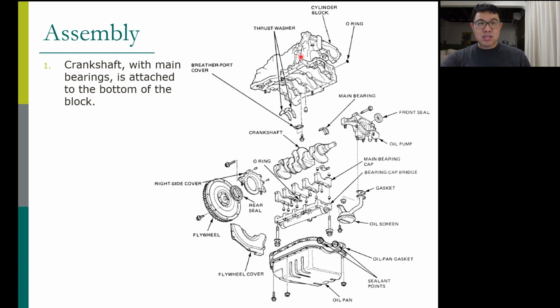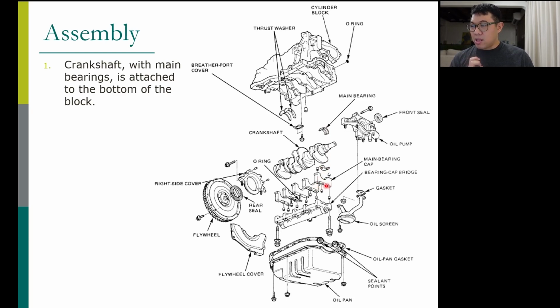In fact, normally when they assemble this engine, they flip the engine upside down so that they can put the crankshaft in from the top. It's a lot easier to assemble the engine. The bearing has two pieces, one piece there, one piece there, and you have the bearing cap.